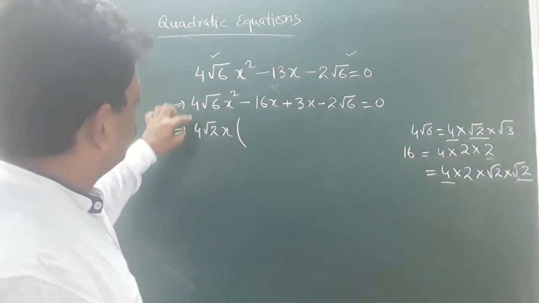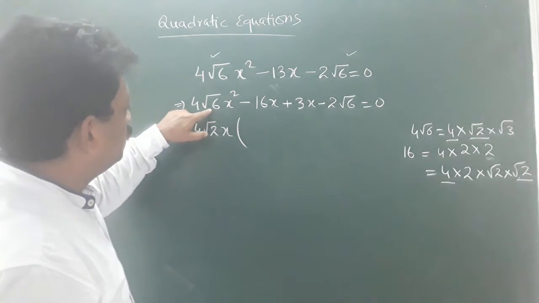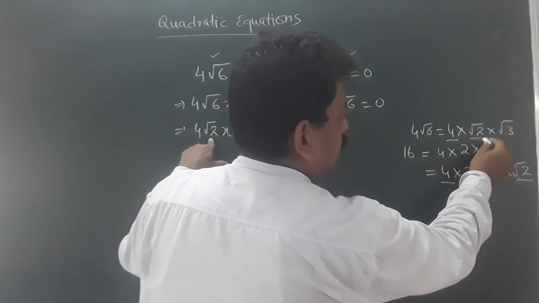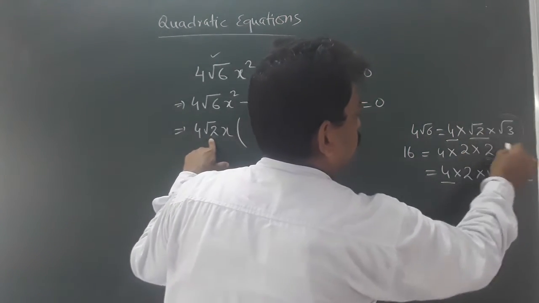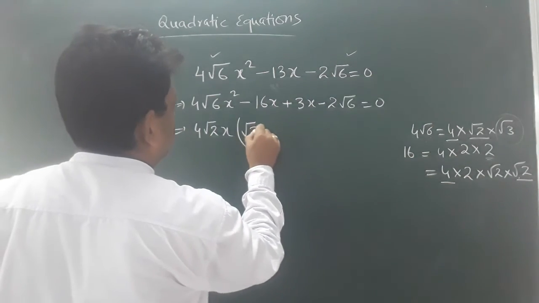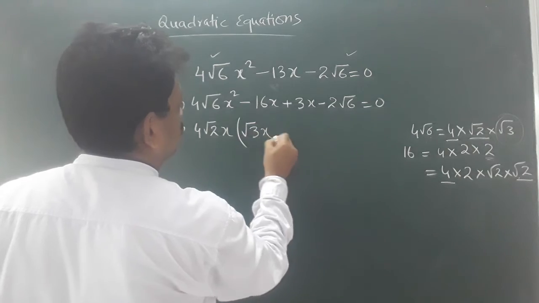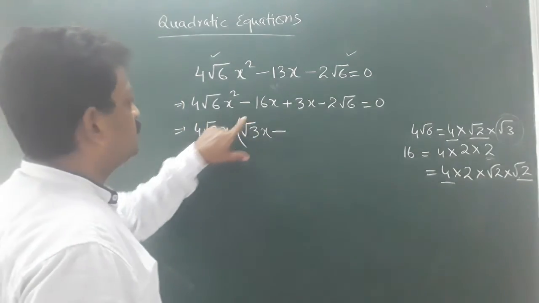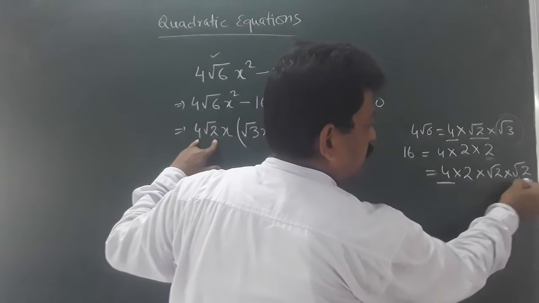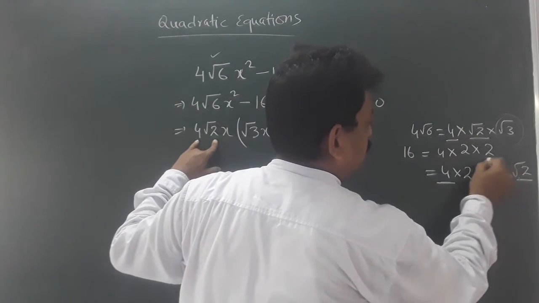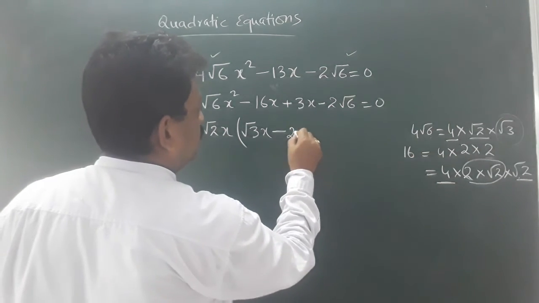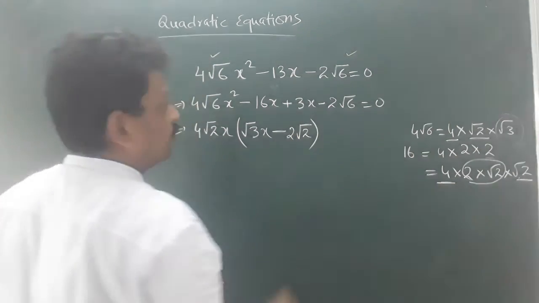From 4 root 6, 4 is taken common and root 2 is taken common, so root 3 will be left. So root 3 x minus, from 16, 4 and root 2 taken common, we are left with 2 multiplied with root 2, that is 2 root 2. So here it will be 2 root 2.